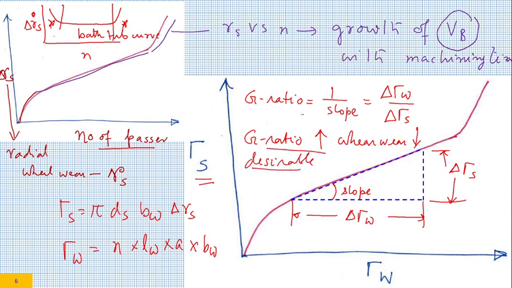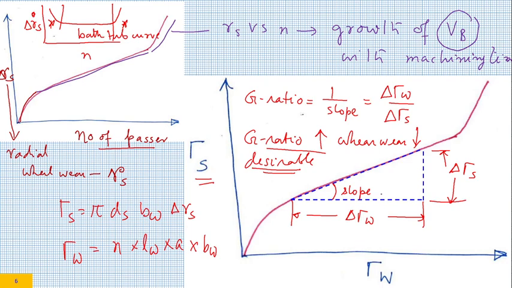So if you are doing some grinding and finding out experimentally grinding ratio, and you have got two grinding ratios like 400 and 950, definitely a grinding ratio of 950 is good. What exactly is 950? That means you can remove 950 millimeter cube of work material for a 1 millimeter cube of wheel wear. So that is the interpretation of grinding ratio.